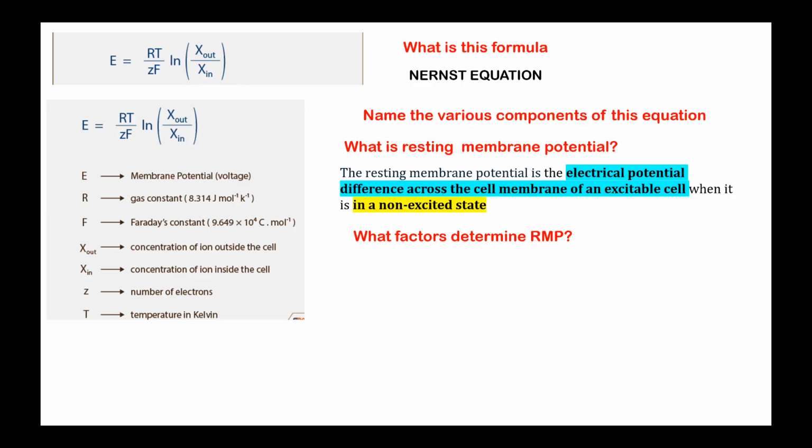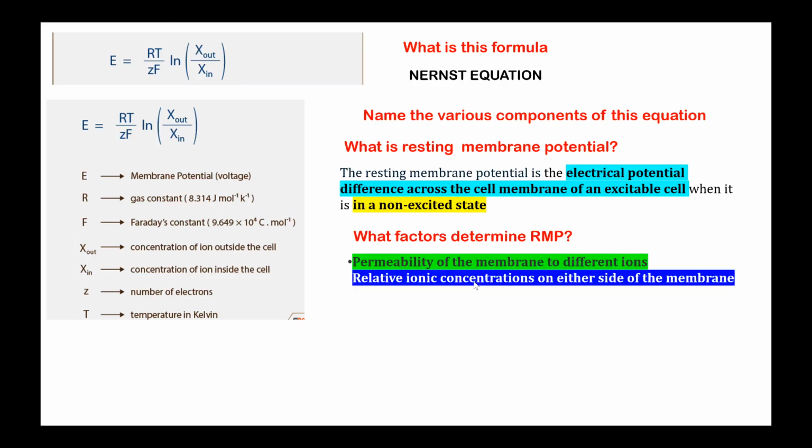Between sodium and potassium, which one can traverse across easily? Potassium can always travel easily, whereas sodium requires a pump. So permeability of the membrane to different ions and relative ionic concentration on either side of the membrane are the two things which determine the resting membrane potential.